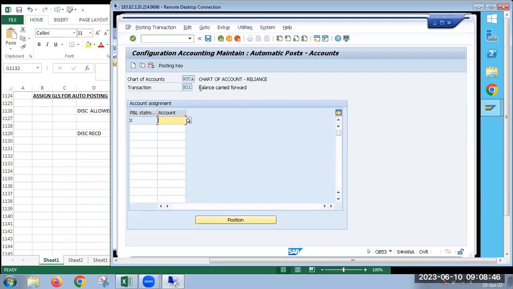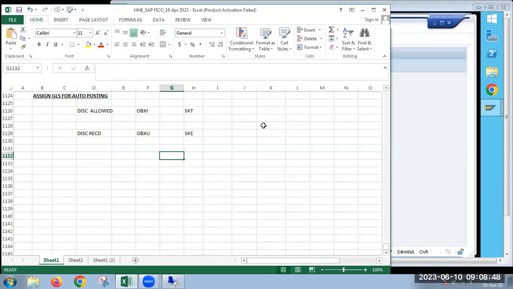So the system will identify like this. If it's a discount allowed scenario, the system will take the GL account from this transaction, discount received from this transaction, and if it is balance carry forward we process, then the system will take the GL account from here. So all these are account determinations.